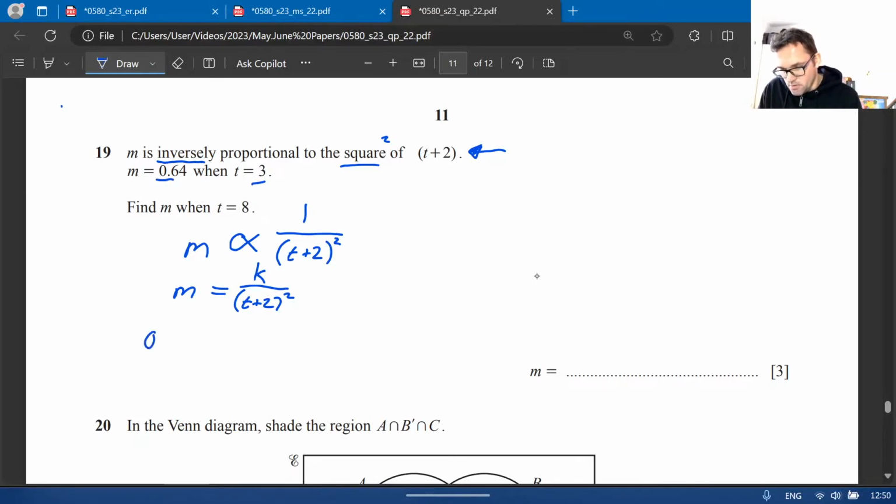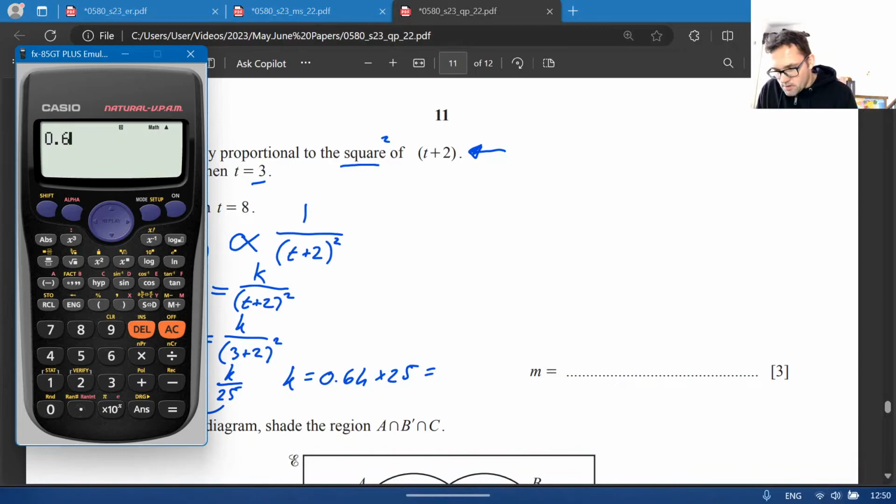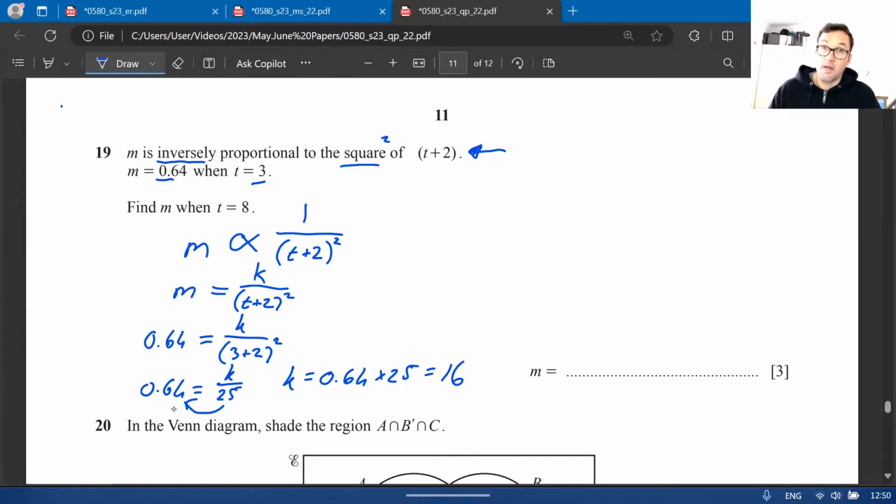So m is 0.64 and t is 3. 3 plus 2, of course, is 5. 5 squared is 25, so that means k multiplied by 25 will give us the constant of proportionality. 0.64 times 25. Bam, 16. Beautiful integer we have. Good, that was good progress.